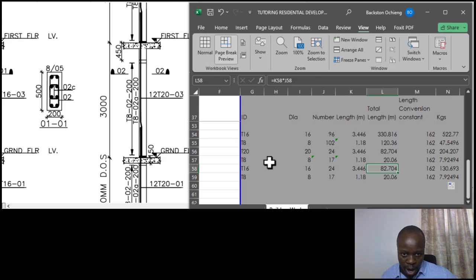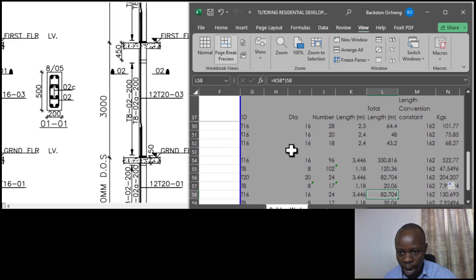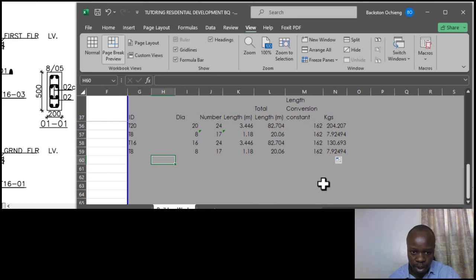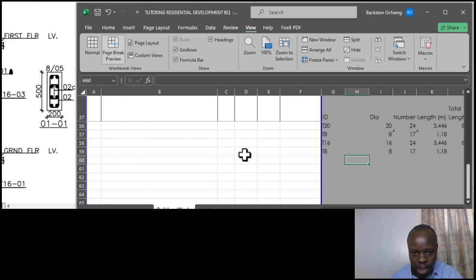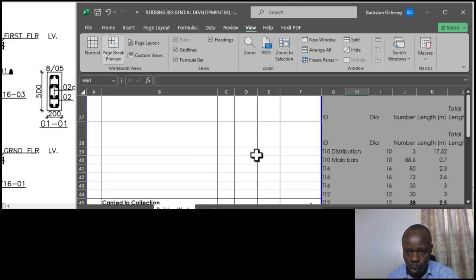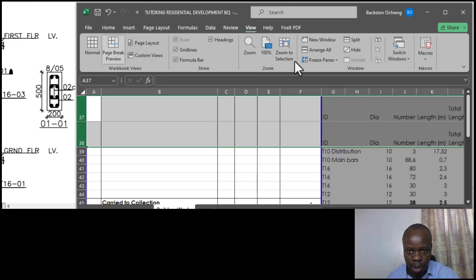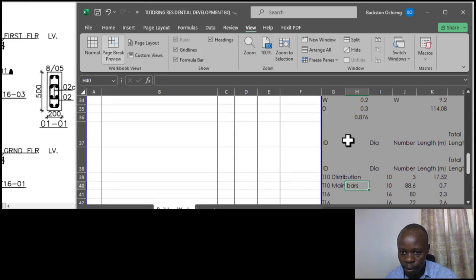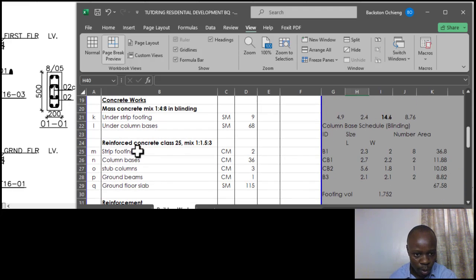Alright, so we have all the bars for all the columns indicated. So I'll just widen my screen a bit so that we check out what we are missing. We can now unfreeze the panes which we froze, so that we are able to see what is left.